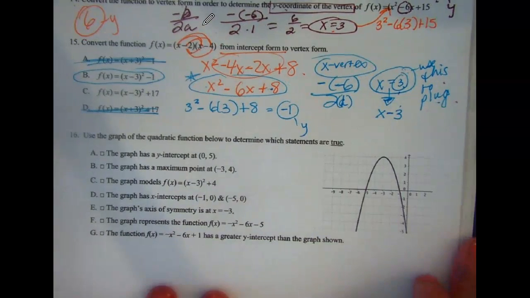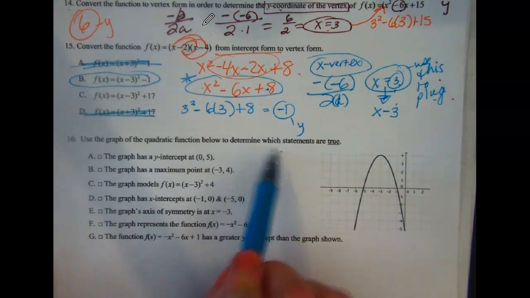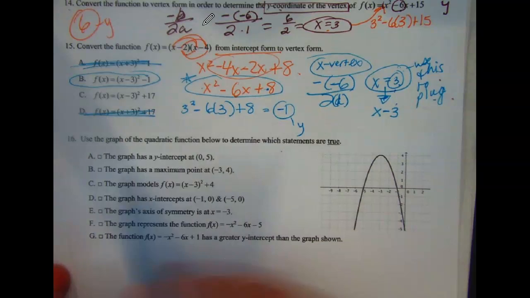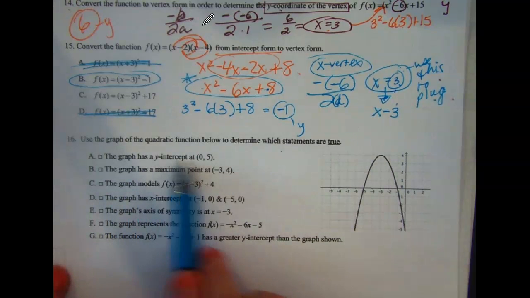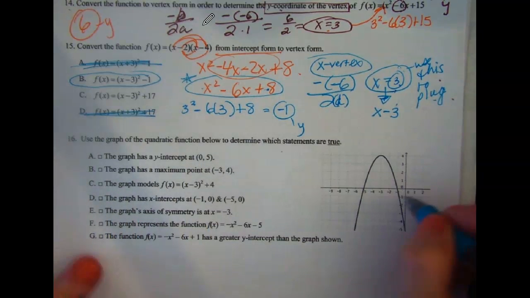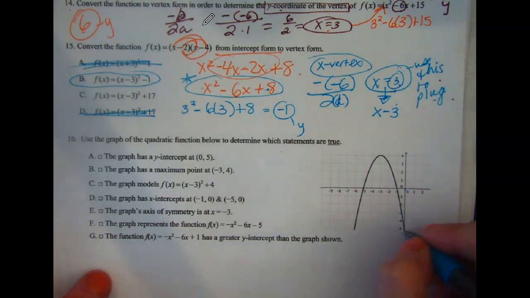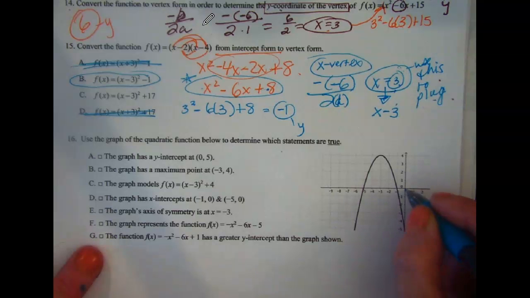And our last one, we want to look at the graph of the quadratic function. Which statements would be true? So does the graph have a y-intercept of 0, 5? Well, 0, 5 is right here.